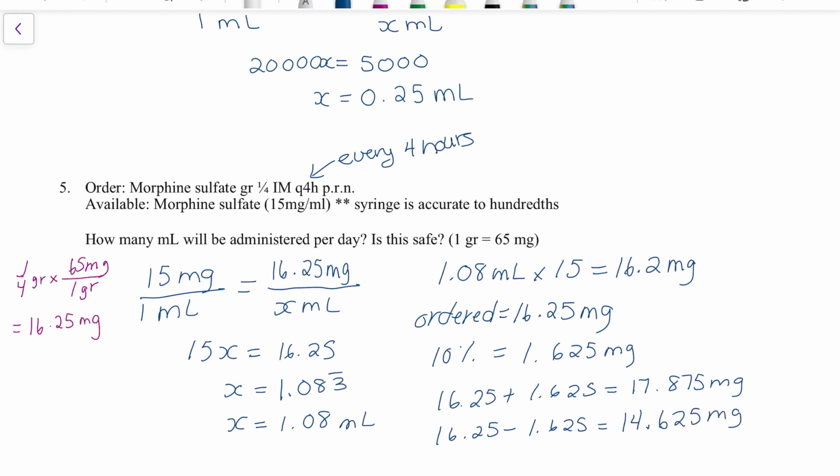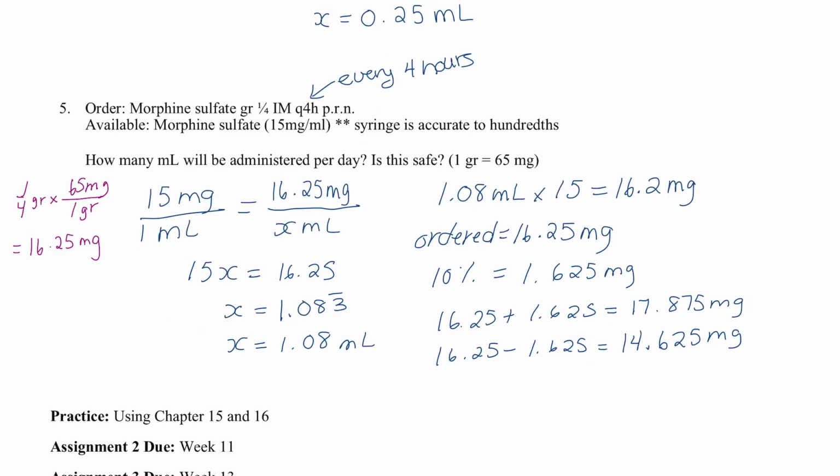So the 16.2 is within that range, so therefore, yes, it is safe because it is within 10% of what was ordered.